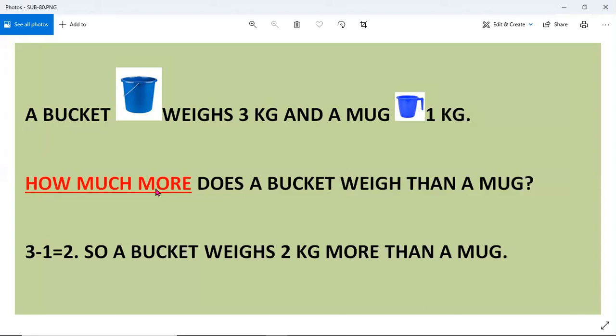How much more does a bucket weigh than a mug? So again 3 minus 1, 2 is the answer which is same, but how will you write it? So a bucket weighs 2 kg more. In the previous question, what did we write? We wrote a mug weighs 2 kg less than a bucket. Now in this case, a bucket weighs 2 kgs more than a mug. So you have to be very, very careful about these signal words.